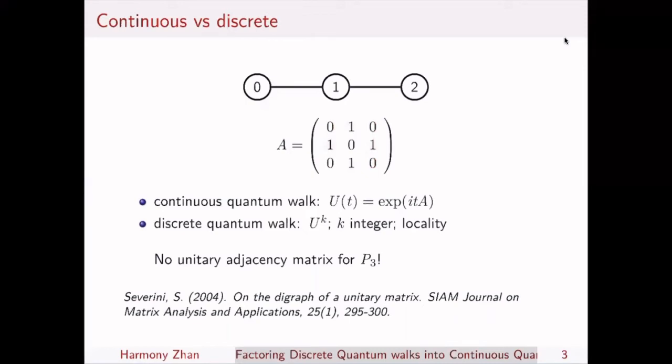So this shows there's no unitary weighted adjacency matrix for P3, and this idea in general is infeasible. In 2004, Simone Severini wrote a nice paper on which digraphs can admit a unitary matrix, with a nice characterization. If you are interested, I suggest you take a look at this paper.